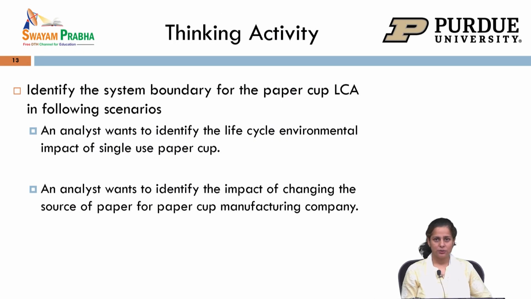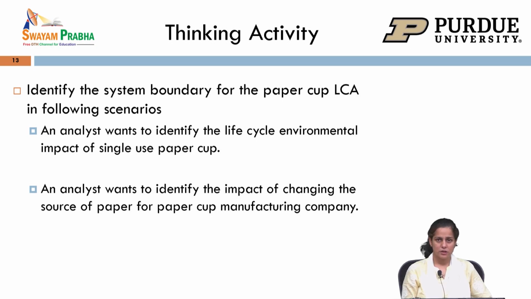So, let us quickly do a thinking activity. Go back to the attributional LCA and consequential LCA definitions, and as we said, based on the goal of the LCA, it is either attributional or consequential, and based on that your system boundary will change. So, what you need to do is identify the system boundary for the paper cup LCA in the following scenario. We have already seen the system boundary for the paper cup LCA in the past, two different system boundaries.